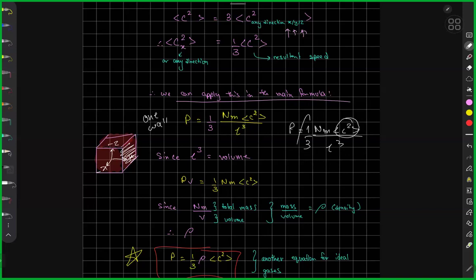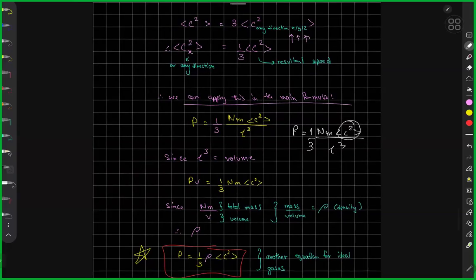So I take 1/3 of that pressure. So 1/3 of that pressure is exerted on wall z, y, and x. This is the pressure in one axis, and it's equal in all axes, the same. So all of the walls will have a pressure of 1 by 3 nmc square by L cube.